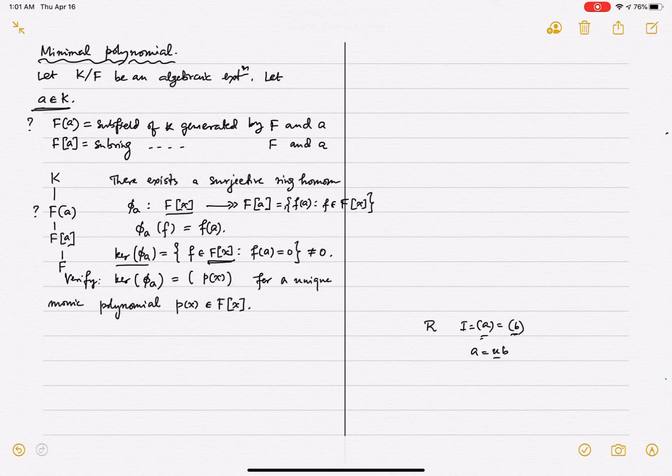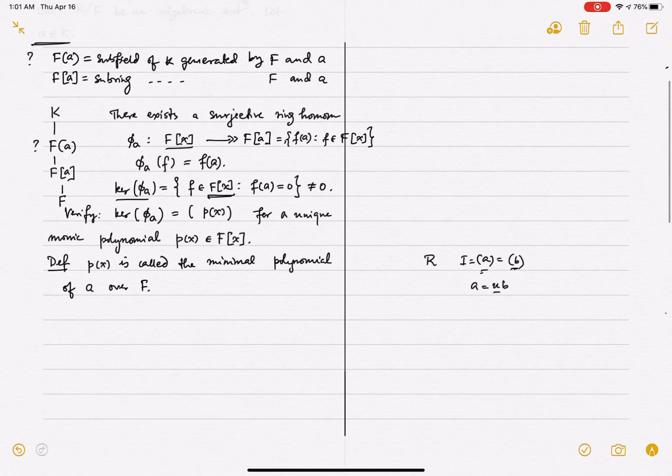And this polynomial is called the minimal polynomial of a. Definition: p(x) is called the minimal polynomial of a over F. Another exercise, verify that p is really the smallest degree monic polynomial that a is a root of.